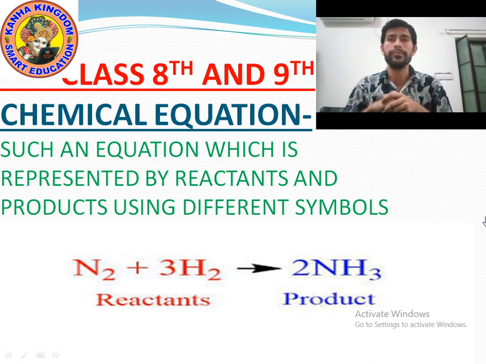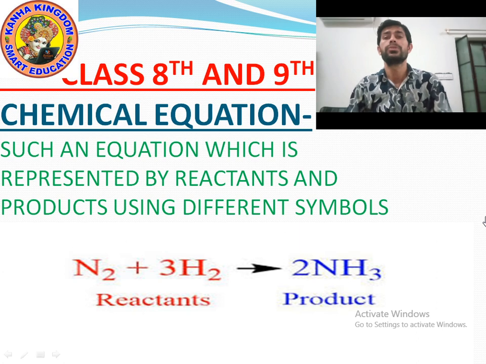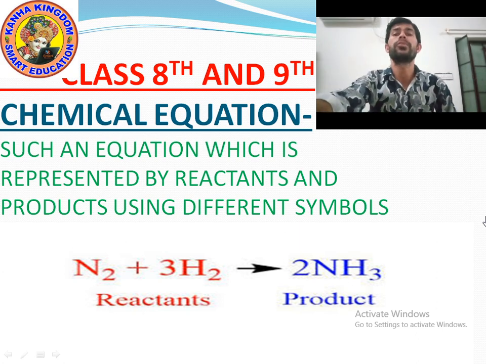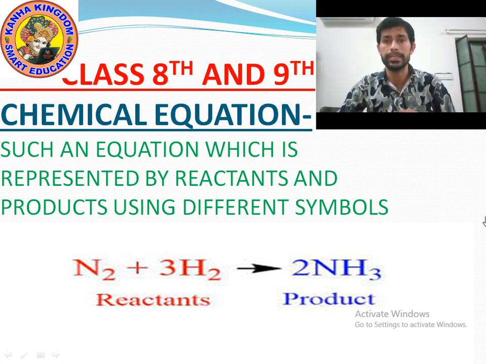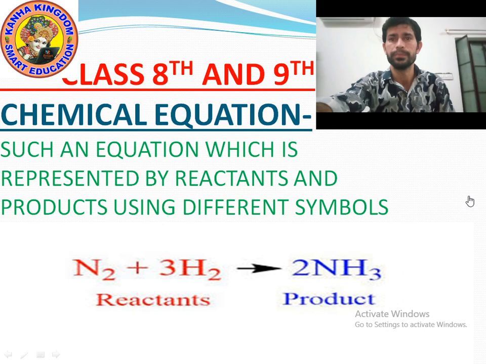Now look, I have written two words below: below N2 plus 3H2 I have written REACTANTS, and below 2NH3, which is actually ammonia, I have written PRODUCT. So what is a reactant and what is a product? Let's discuss it. Okay, now let's move on to the next point.